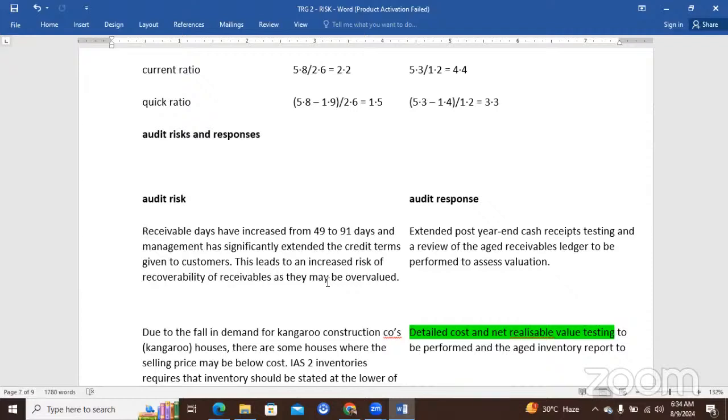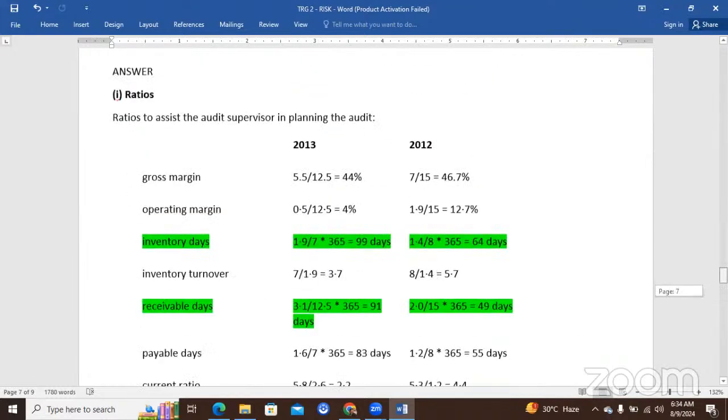So for receivables overstated, what is the response? We should perform an extended post-year-end cash receipt test. That won't change. So when it comes to this overstatement of receivables, credit risk, we should perform a post-year-end cash receipt test, right?